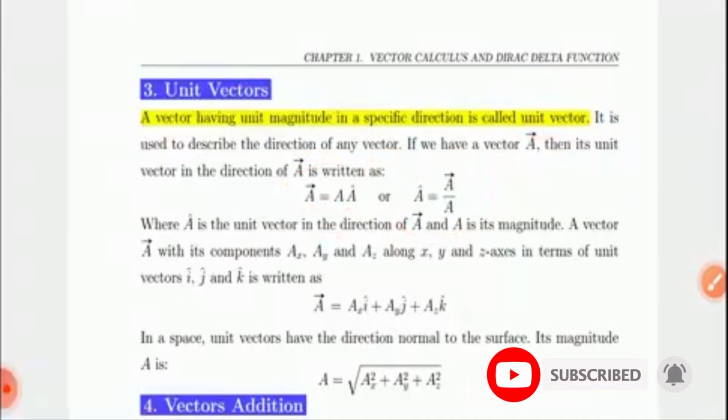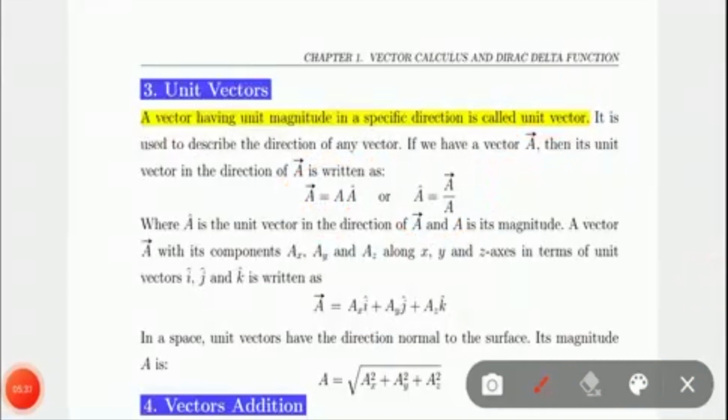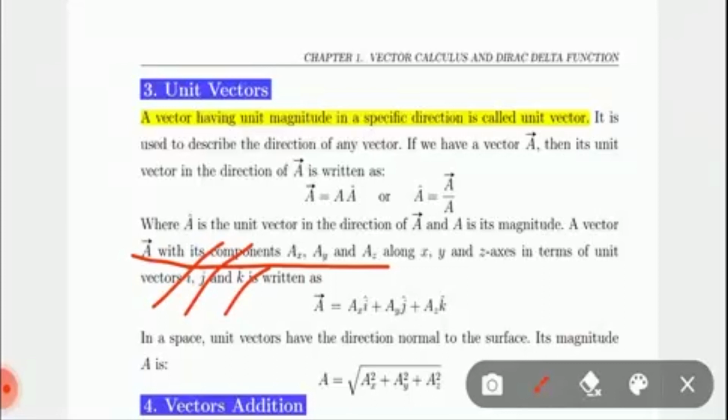A vector has components along the x, y, and z axes. So here you can see that we can divide this vector A into its components Ax, Ay, and Az, which are its components along the x, y, and z directions. In the above diagram, I talked about the i, j, and k unit vectors that are along the x, y, and z axes, so we can attach them here.